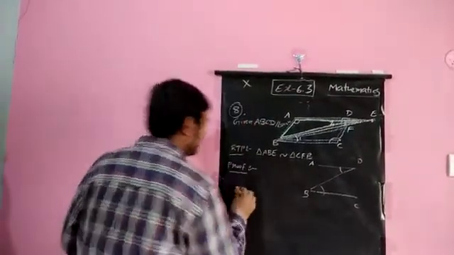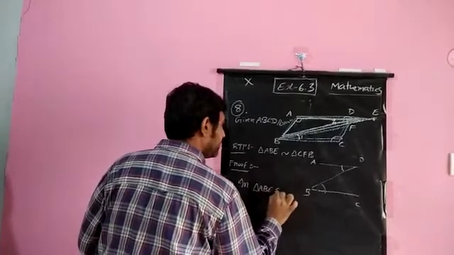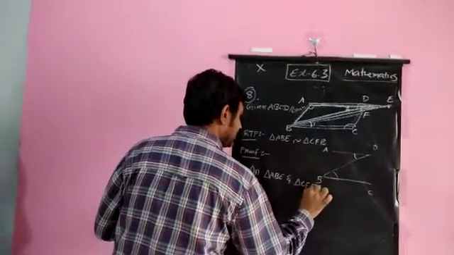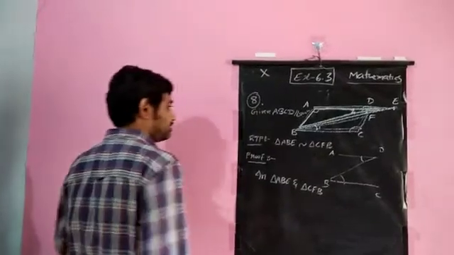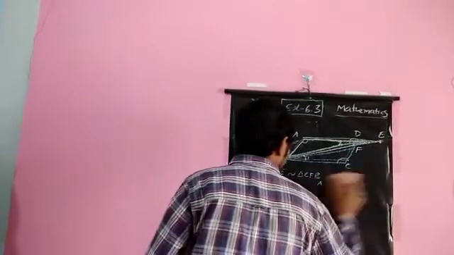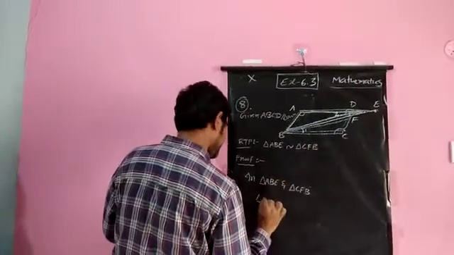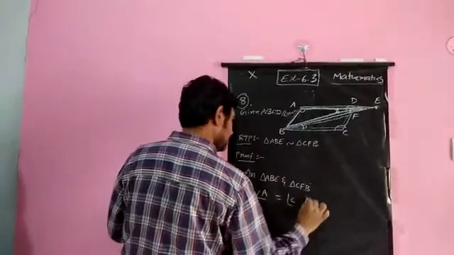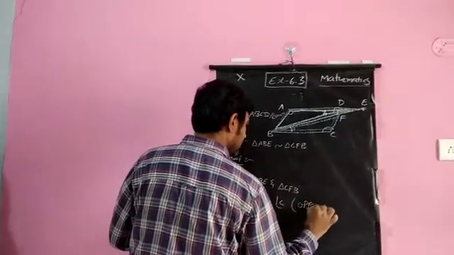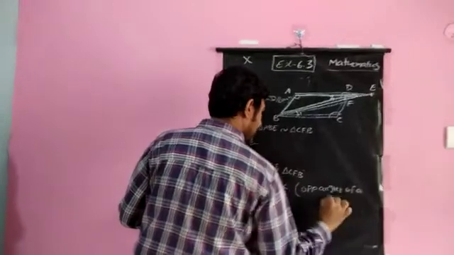In the proof, I write: in triangle ABE and triangle CFB, angle A equals angle C. This is because opposite angles of a parallelogram are equal.